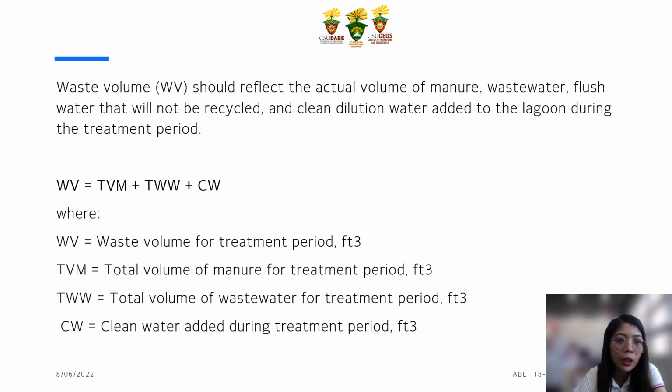State regulation may govern the minimum detention time. Generally, the maximum time between land application events determines the treatment period because this generally exceeds the detention time period. So the wastewater volume for the treatment period equals TBM plus TWW plus CW, the clean water added during the treatment period.